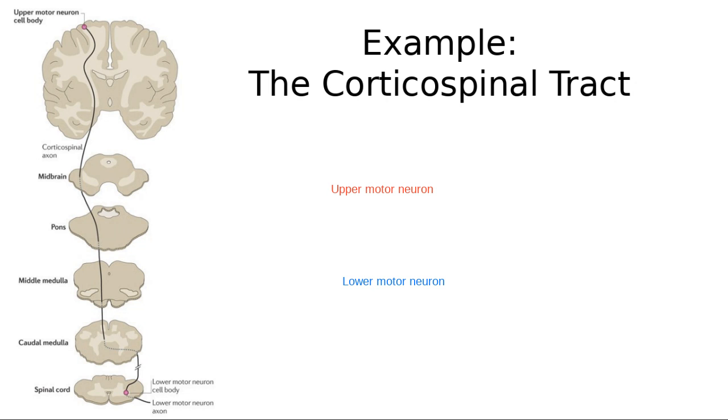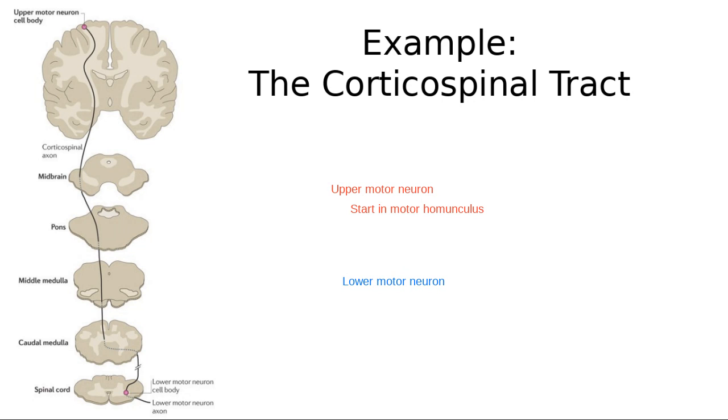So let's do what we did before with our first order, second order, third order neuron. Let's talk about where they start and where they end. In a motor tract, the upper motor neuron is going to start in the motor homunculus.